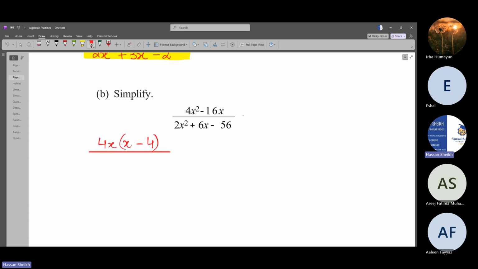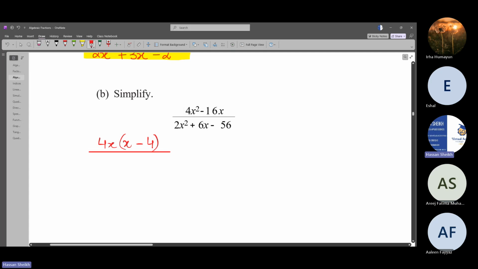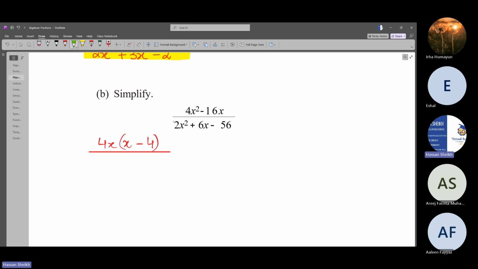Now focus on the numerator. Do we have a quadratic expression in the numerator? Yes. Now understand, we simplify or factorize this one using the middle term break method. Now understand the first step of a middle term break or a factorization. Both names would be correct to say. Either you call it factorization of a quadratic expression or you call it the middle term break method. In the first step, we multiply the coefficient of x squared with the constant term. So Arij, what is the coefficient of x squared?